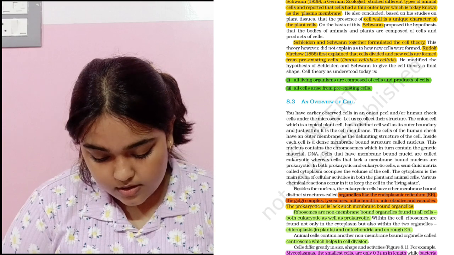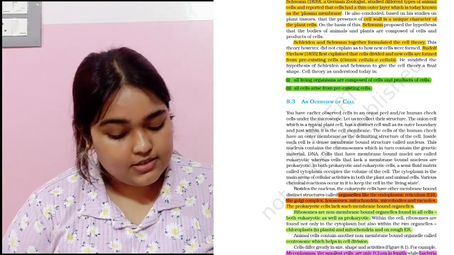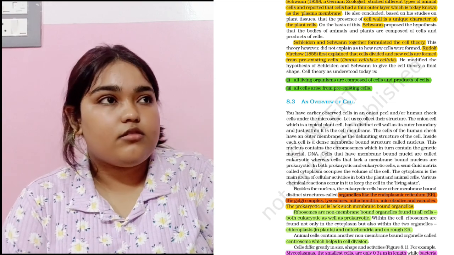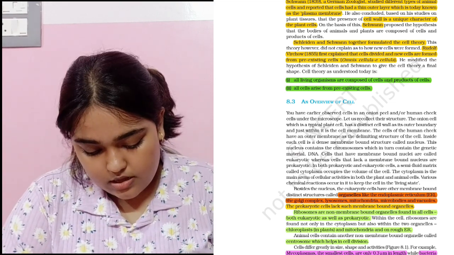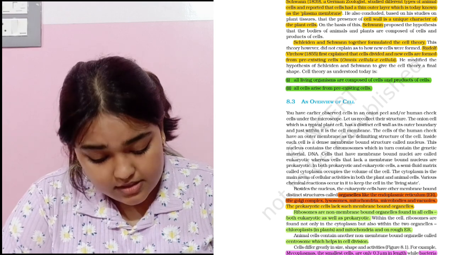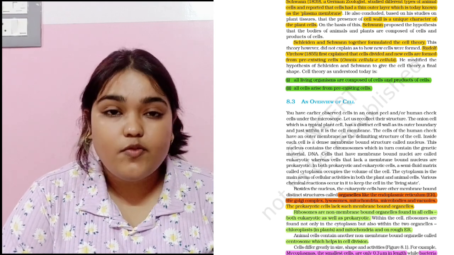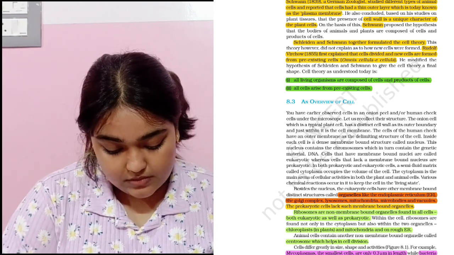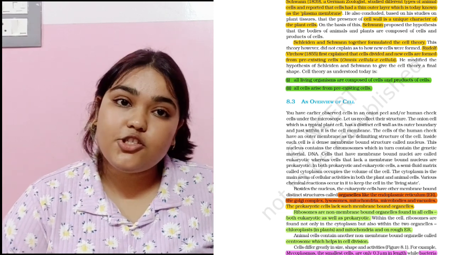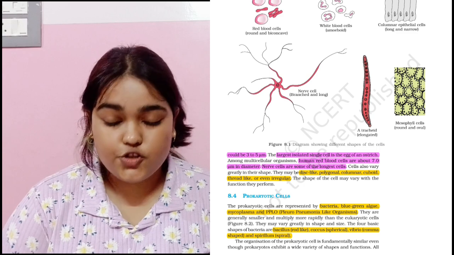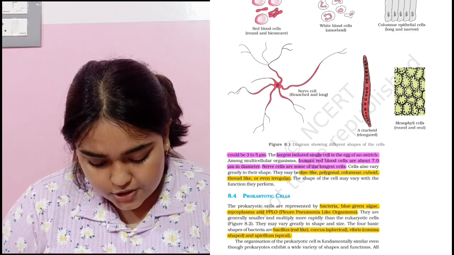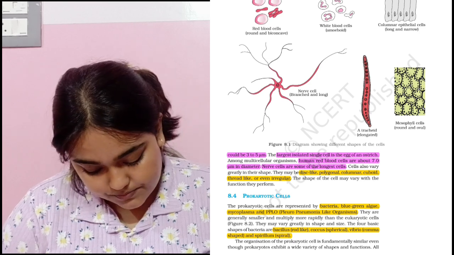Now we come to cell sizes. Cell size varies very much, from the smallest cell, that of mycoplasma, which has a length of about 0.3 micrometer, whereas we have the largest one, the egg of the ostrich. You know that, right? Which is the largest isolated single cell.